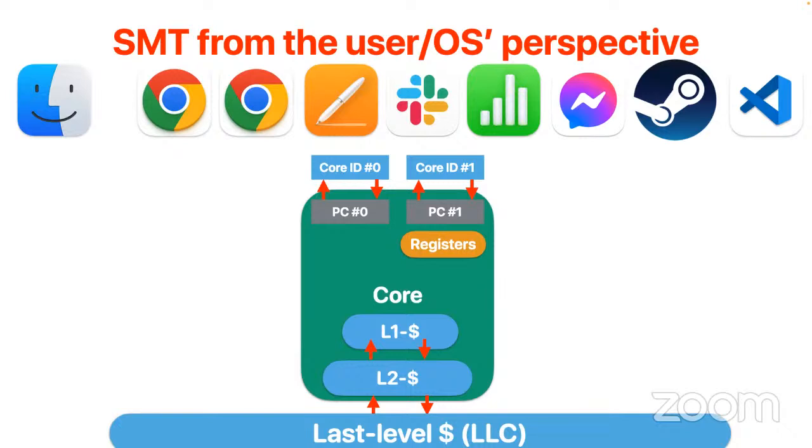And if the operating system sees two processors, then it will schedule two programs, for example, a Numbers instance or a Chrome instance, right? And the operating system misunderstands the fact that we have two processors and schedules them all together, although they have different front ends.